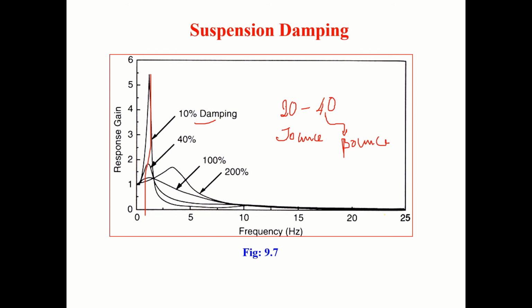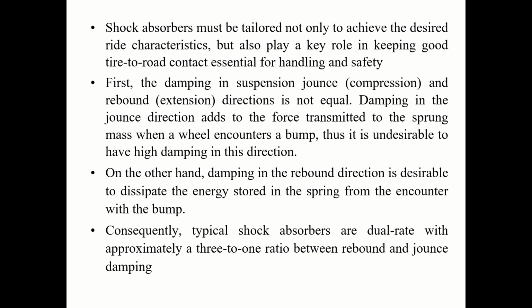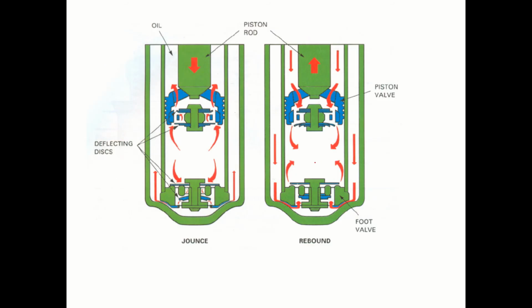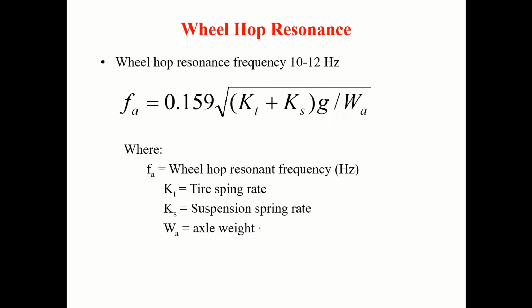If it is 40%, the response gain is small here at 1 Hz. As the frequency increases, it will be very low. If I maintain probably 100%, that is critical damping, the response gain may be low here, but it remains a large value for a higher range of frequencies. And if you use 200%, you see it's very bad here. So that is the reason why we play around with 20 to 40%. Okay, so that's why we use dual rated dampers and other things.